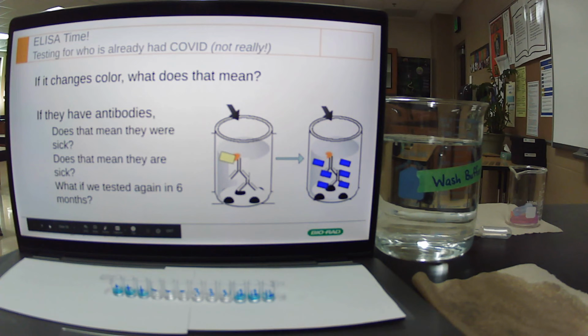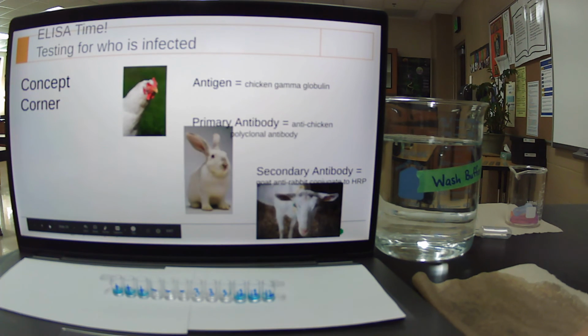Those are really important questions as we try and figure out how to treat this and how to come up with a vaccine that might last for an extended period of time so people are protected from this disease for a long time. And this ELISA test is one way that they are testing for these antibodies over time to learn some of those things about how long that immunity might last.